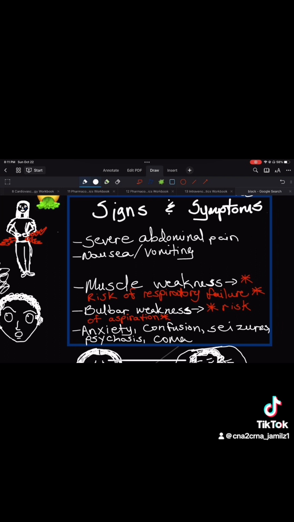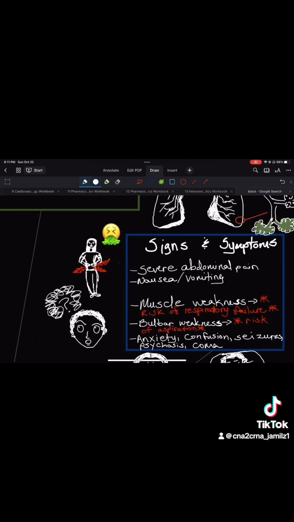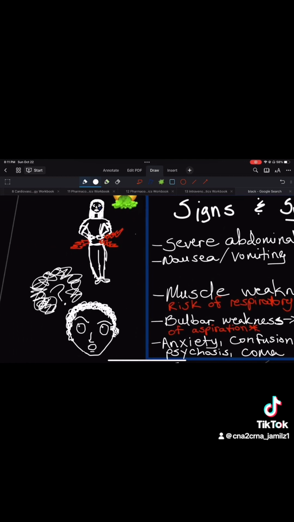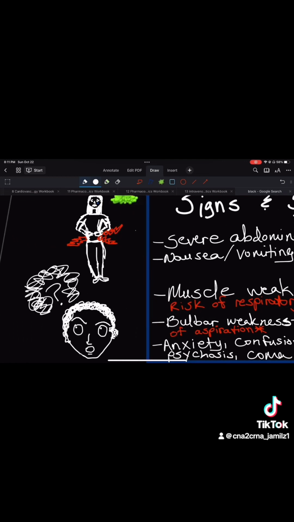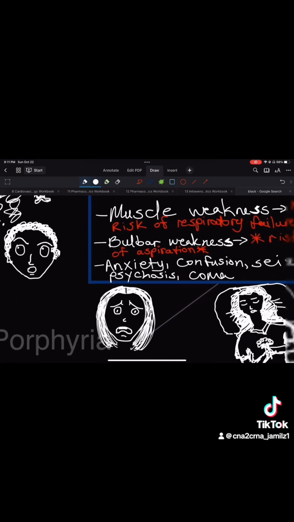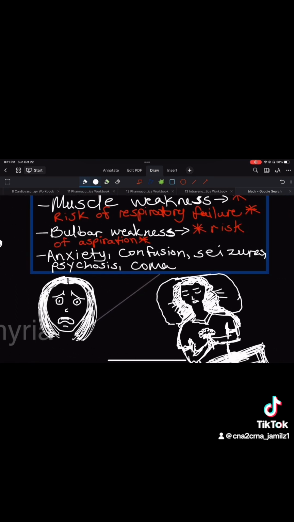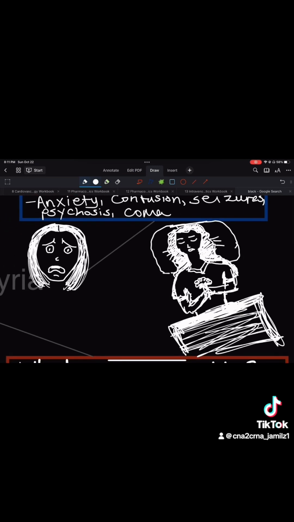So I try to put some little visual cues in here. Some people do better with visual cues, just to help remember the signs and symptoms of this disorder. As you can see over here, this is abdominal pain with the little lightning bolts coming out. And then we got a confused looking face, an anxiety face, then sleeping beauty. I tried my best. That's the coma.